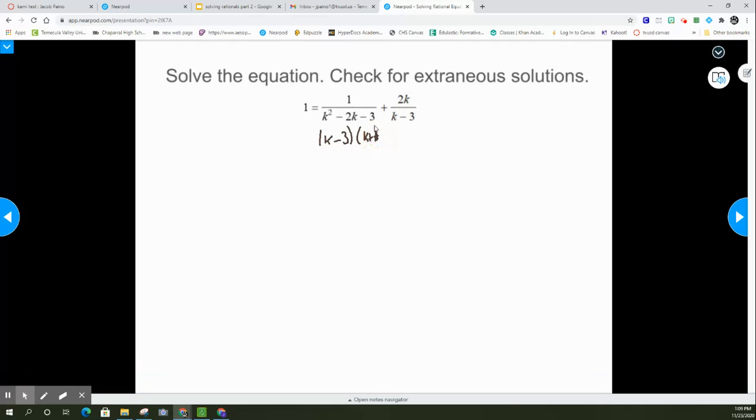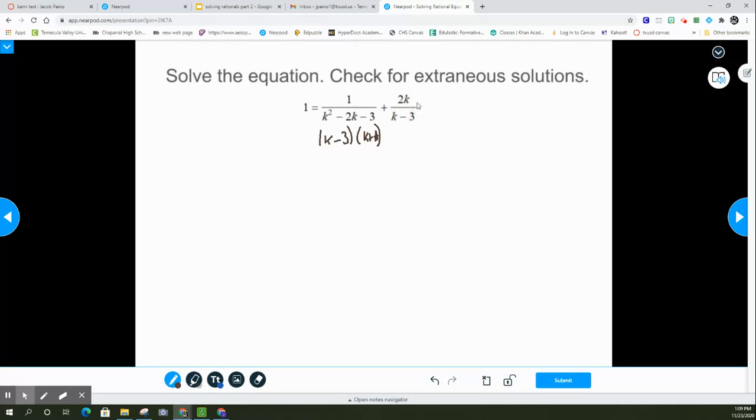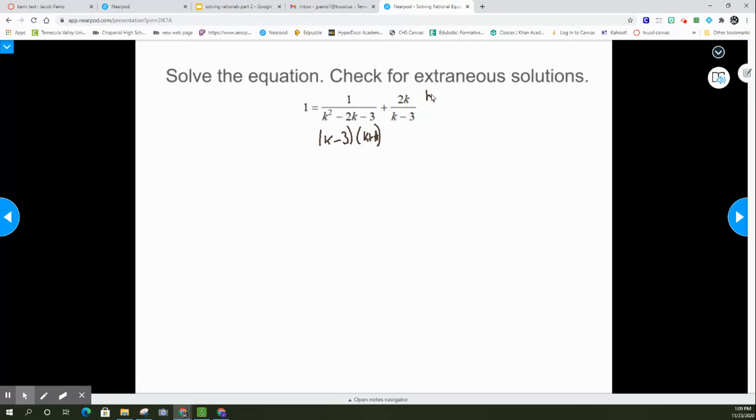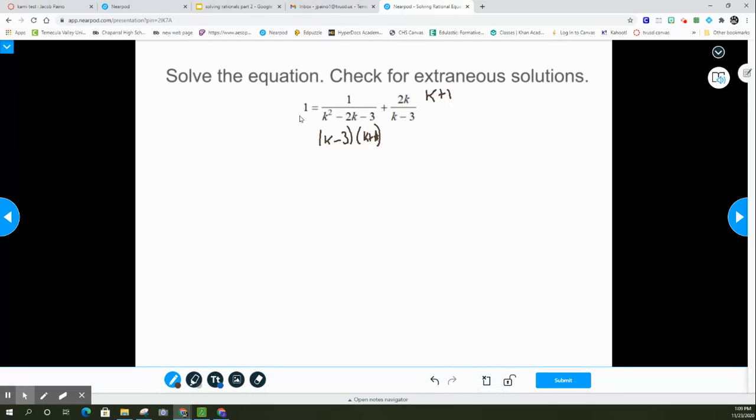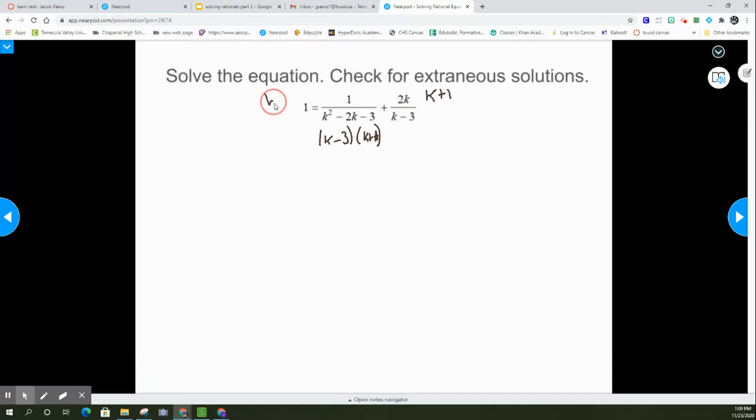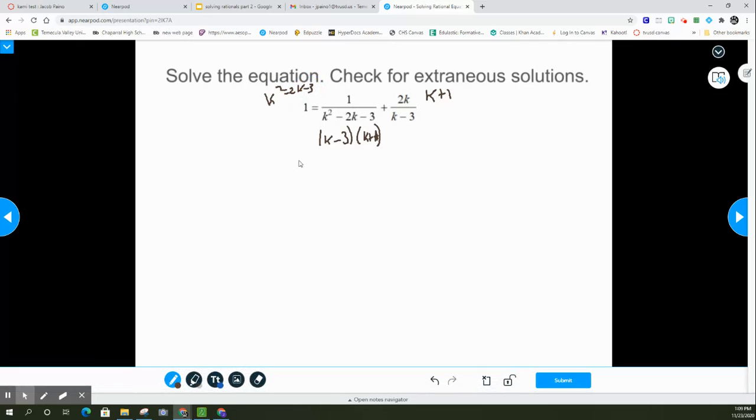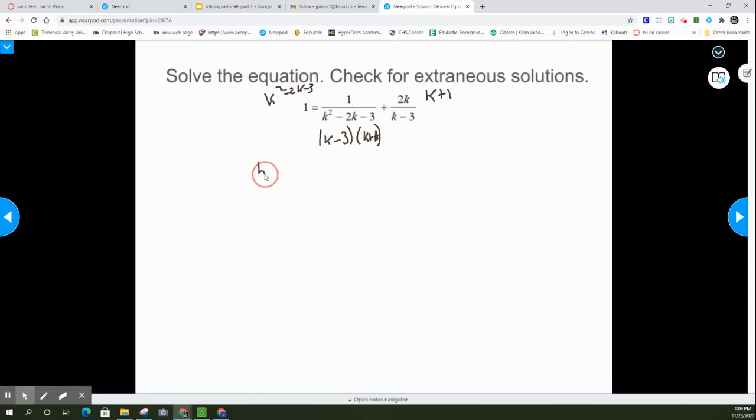You can see that this one's just missing the k plus 1, and this one's missing both of them. So I'm just going to write it in standard form because I'm going to end up having to multiply it together anyways. So it's missing the k squared minus 2k minus 3.